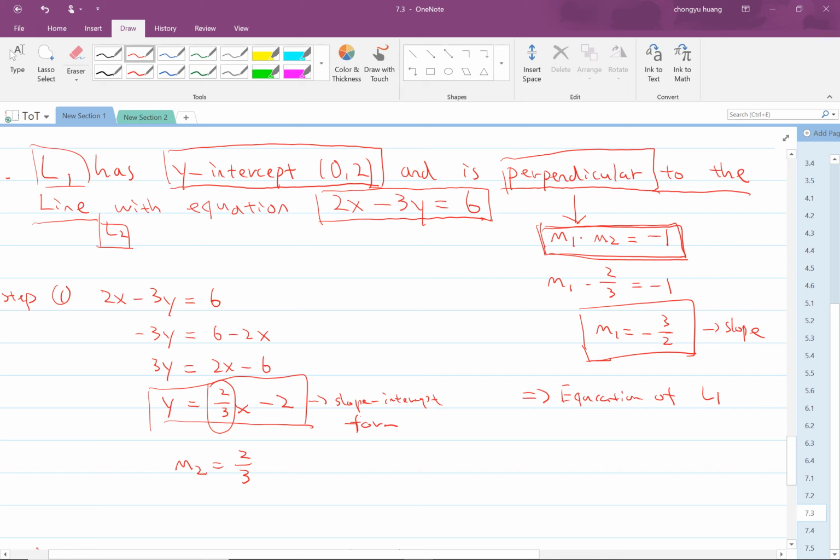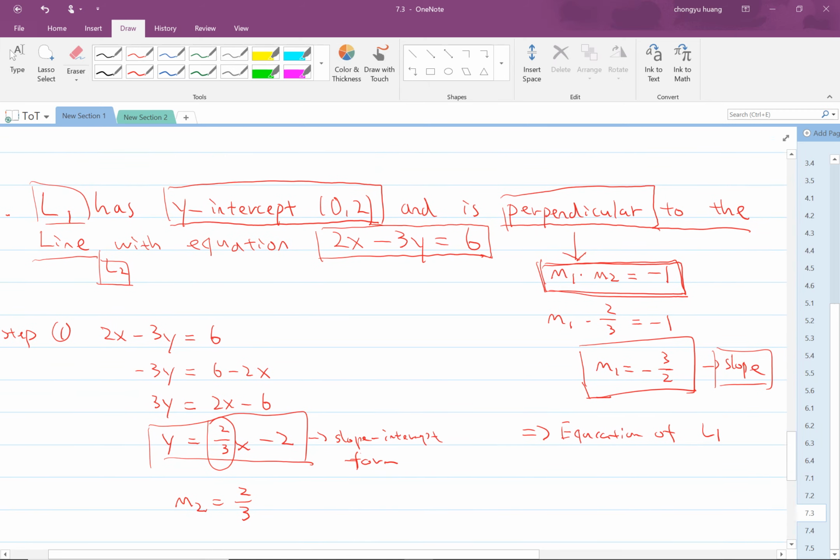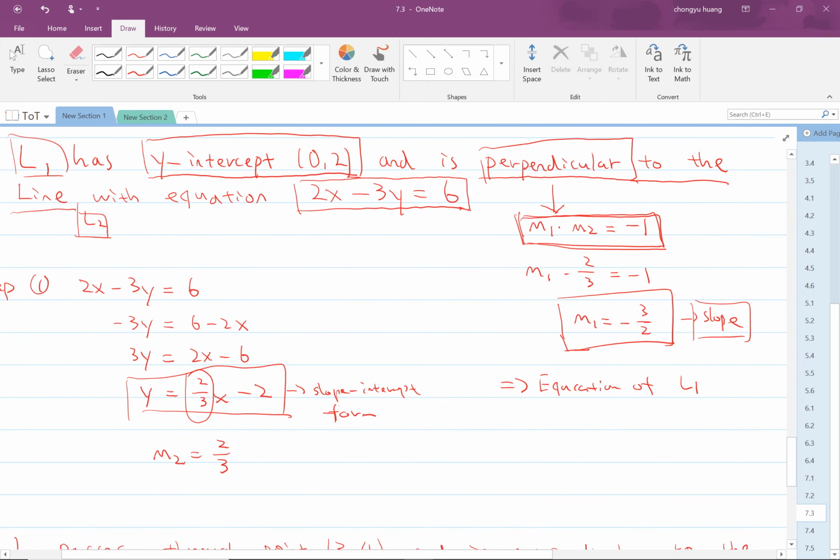So for line L1 we have the slope m1 and the y-intercept, so we have to use the slope intercept form.